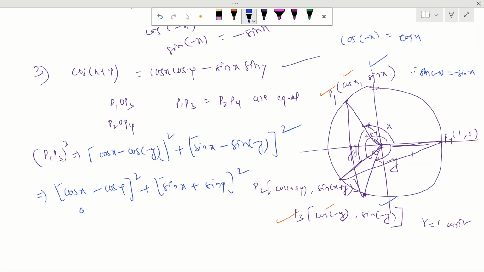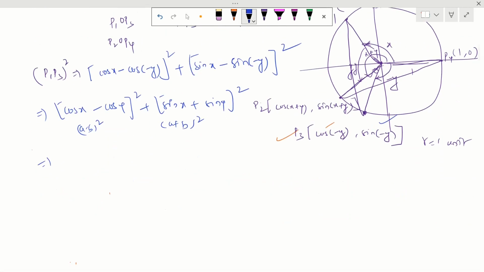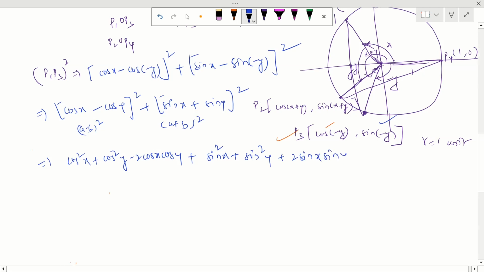Now it is in the form of a minus b whole square and a plus b whole square. So the first is a square plus b square minus 2ab, and the second is a square plus b square plus 2ab, that is, 2 sin x sin y.